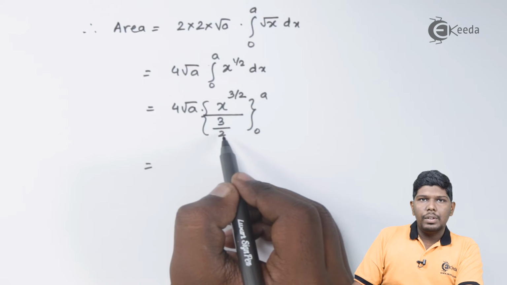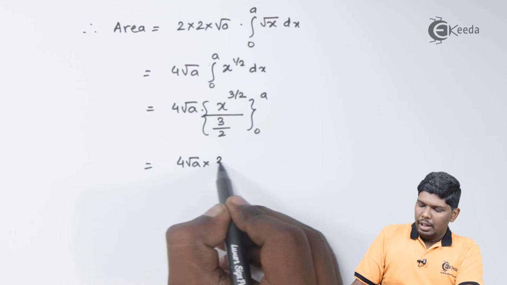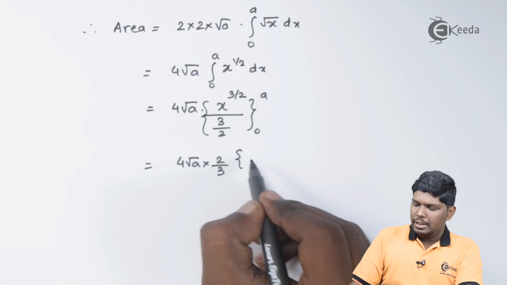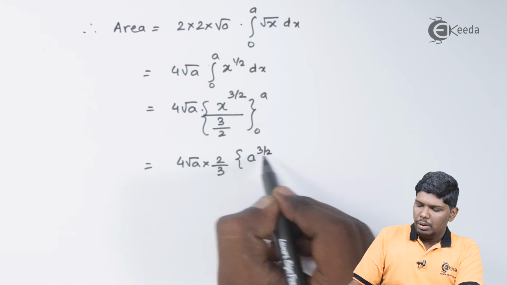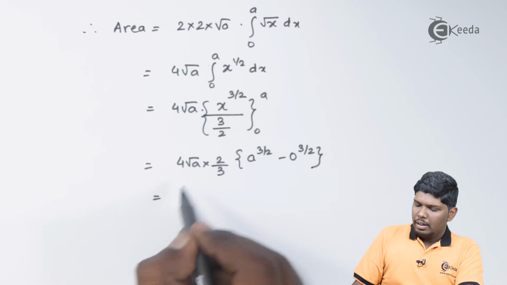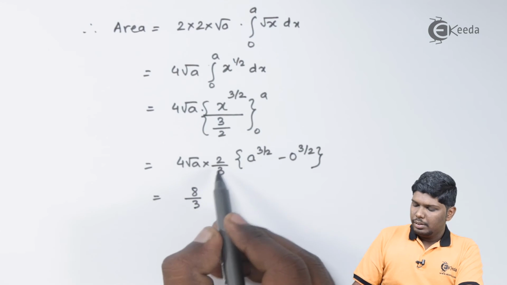Here reciprocal of 3 by 2 will be multiplied, that is 4 root a into 2 by 3, and substituting upper and lower limits, we have a raised to 3 by 2 minus 0 raised to 3 by 2. That will give you 4 into 2 is 8 upon 3.